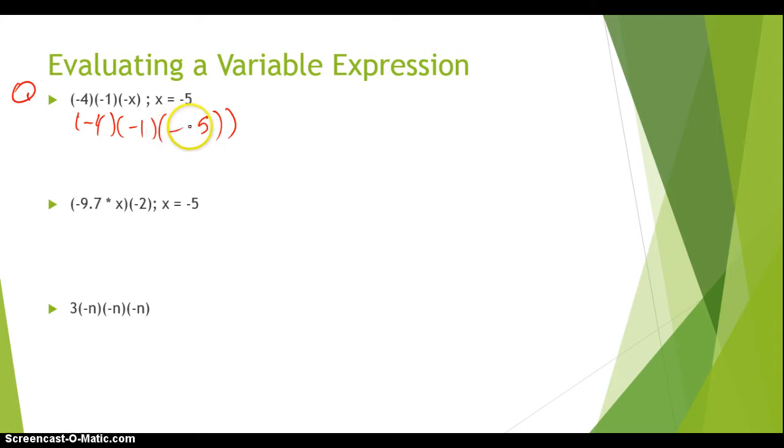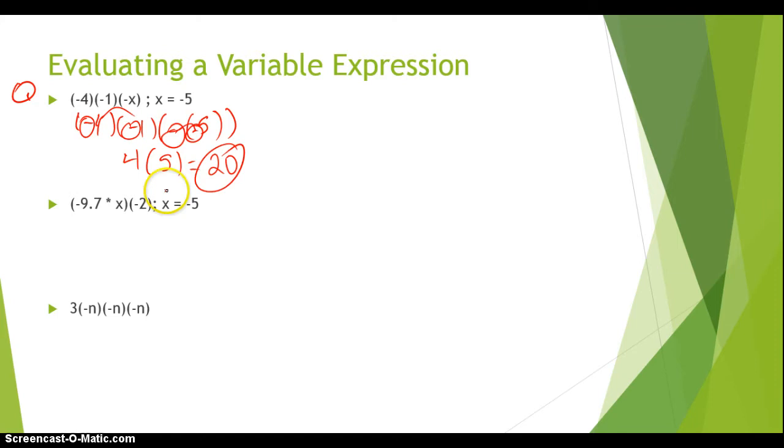So let's focus on the left to right. Negative 4 times negative 1 is 4. We know that the negative of negative 5 is 5. So 4 times 5 is 20. We had 4 negative signs that turned into a positive number because there's an even number of negative signs.